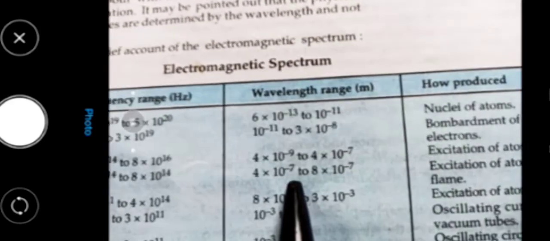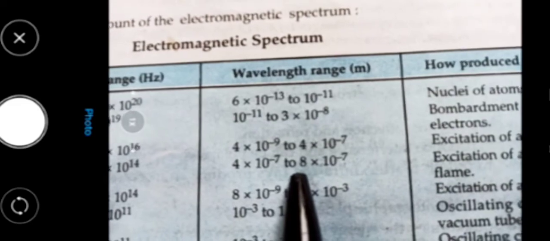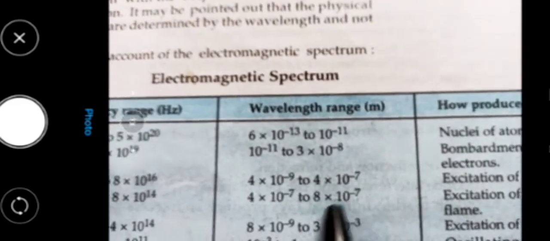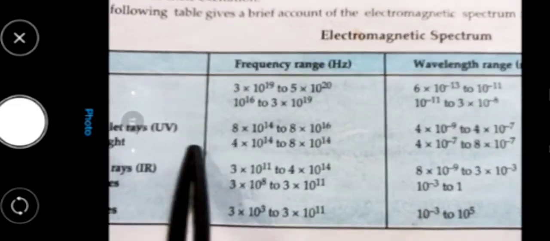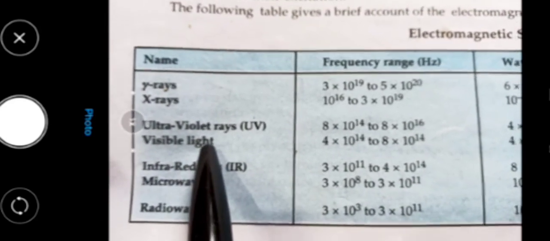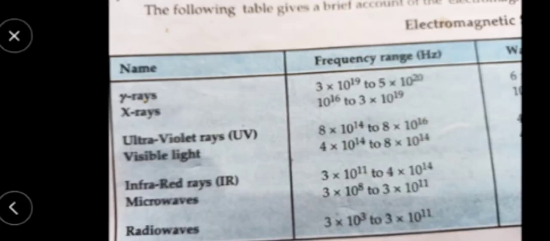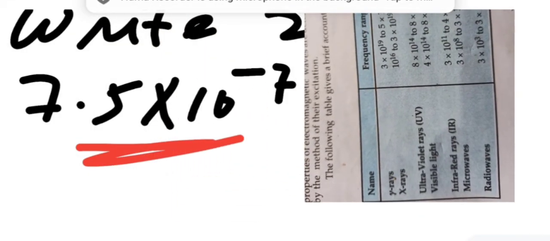In between these, our problem 7.5 into 10 to the power minus 7 will be in the visible light region.